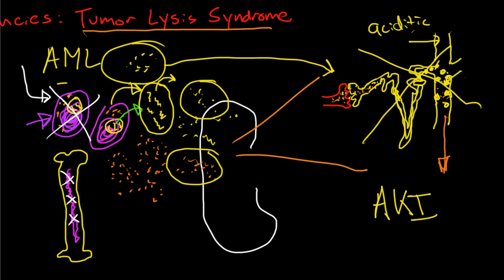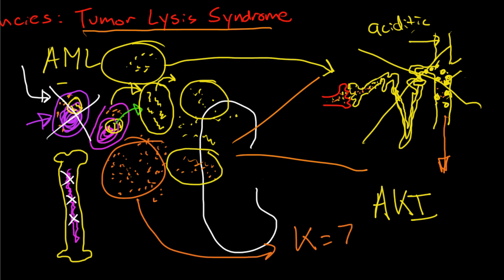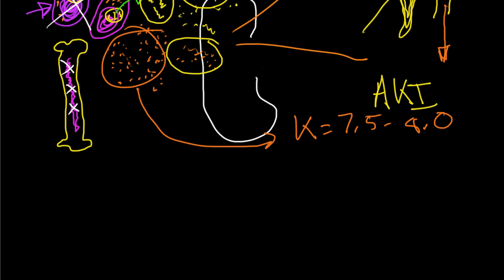So then we end up with an emergency situation where we have potassium levels rising way beyond, in the serum, rising way beyond the normal 3.5 to 5.0 to 7.5 or 8, and then we end up with cardiac arrhythmias and issues like that.